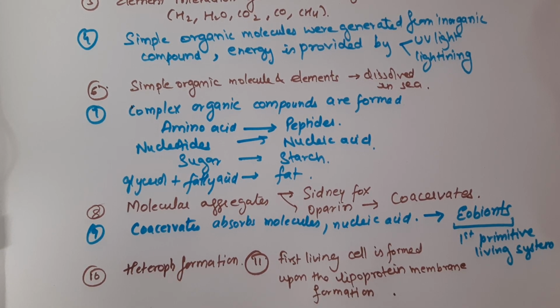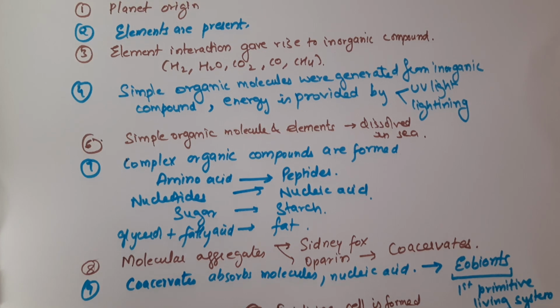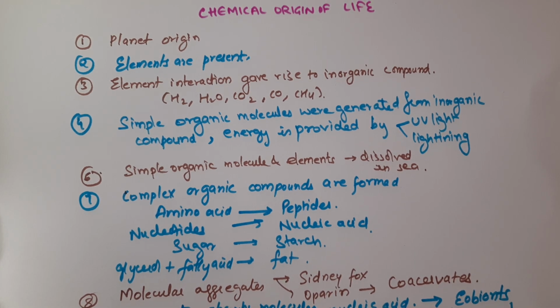The first simple one-cell living organism is similar to today's cyanobacteria. Later on there are some heterotrophs that become capable of making their own food, either by chemosynthesis or photosynthesis. But mainly these are the 11 steps that are chiefly responsible for the chemical origin of life.